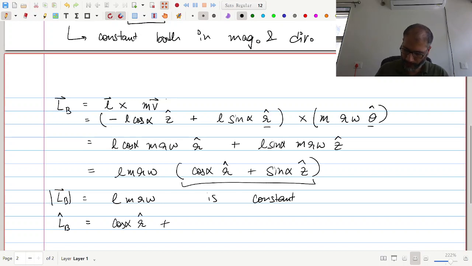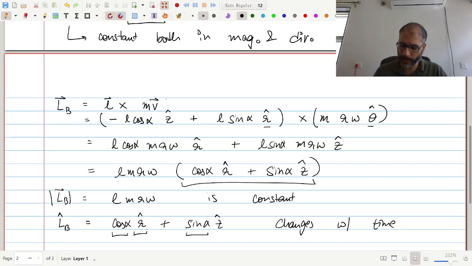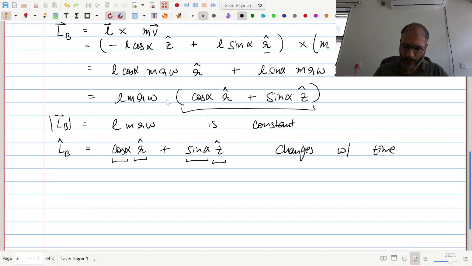Incidentally, this was a unit vector in the brackets, so the magnitude of this LB hat is 1. So it's only this r hat that changes with time. Otherwise, the angle alpha is not changing with time because omega is constant, and z hat also remains the same with time. But r hat changes with time, and that affects the overall LB vector.